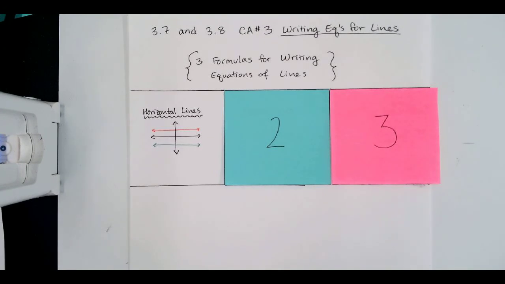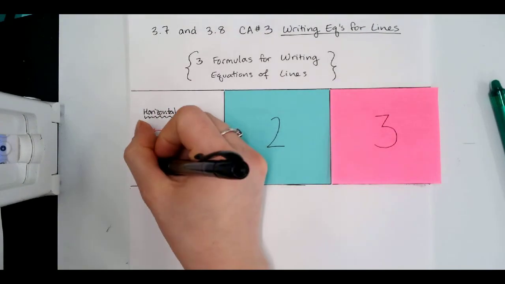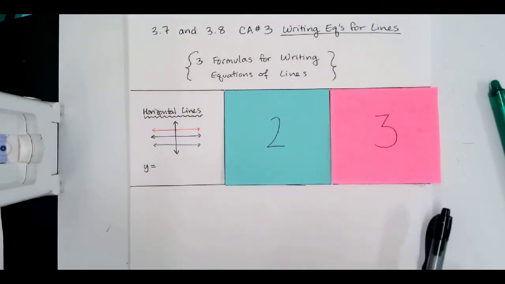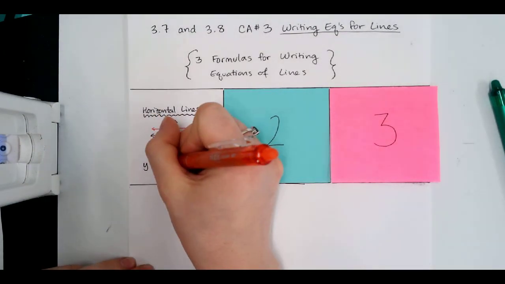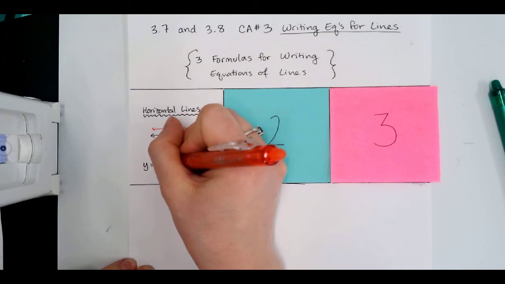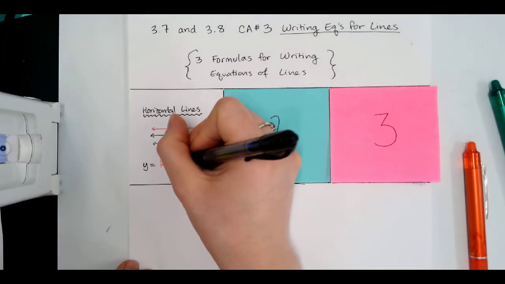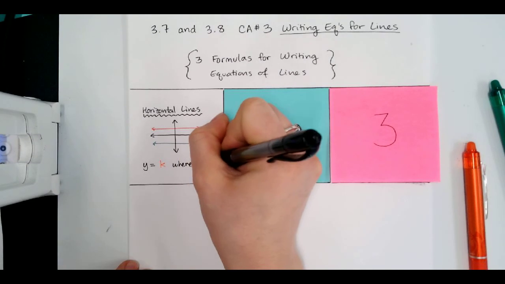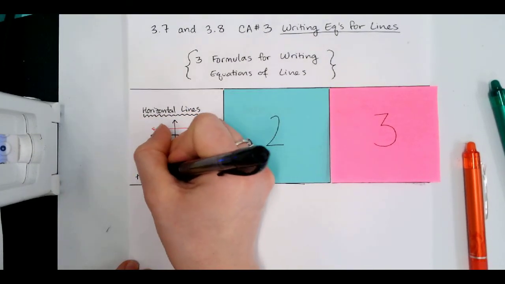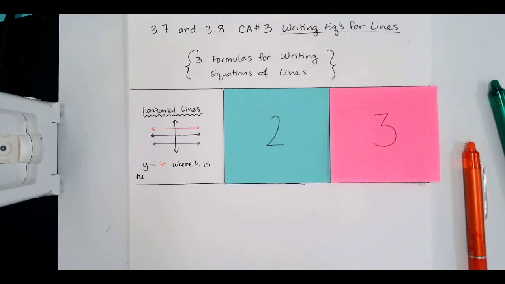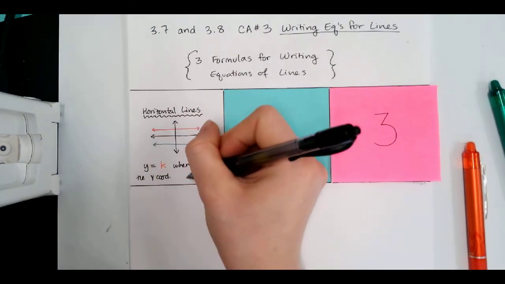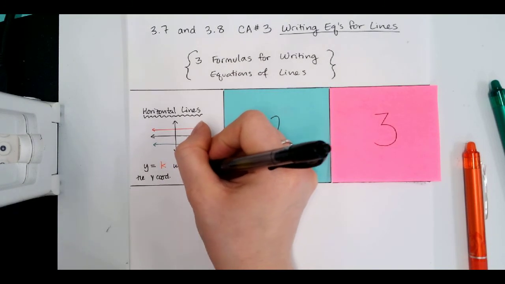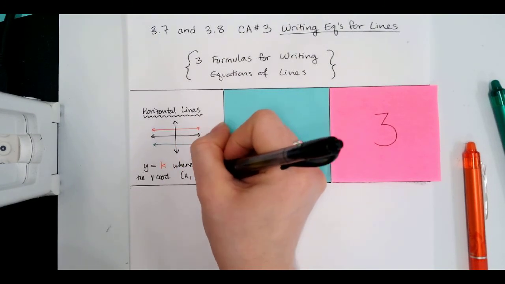Okay, so the equation for a horizontal line is y equals k, where k is the y coordinate from any point (x, y) on the line.